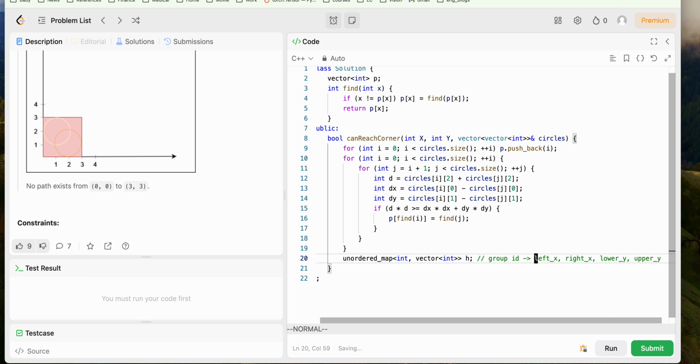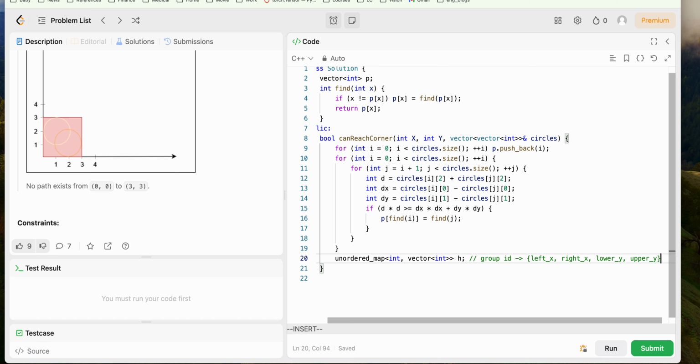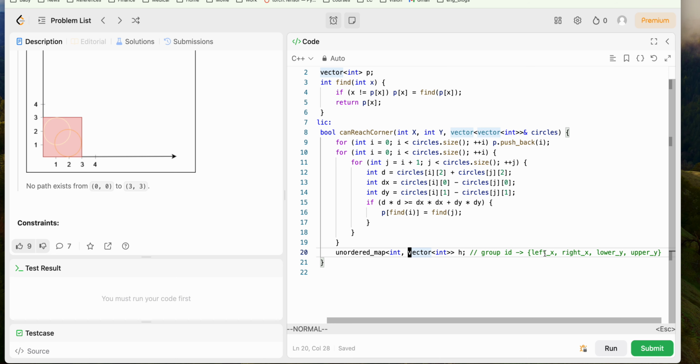For this map, the key is a group ID, and the value is a vector. Every vector has 4 elements. They are the left and right of x, and lower and upper of y for that group.